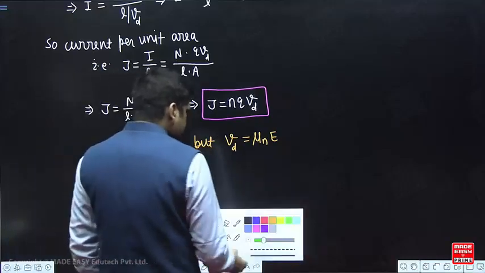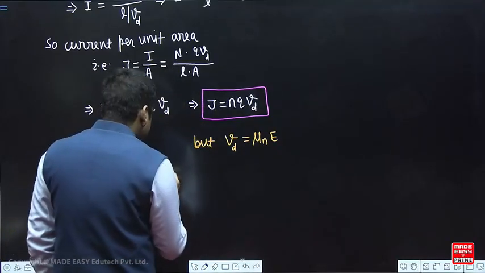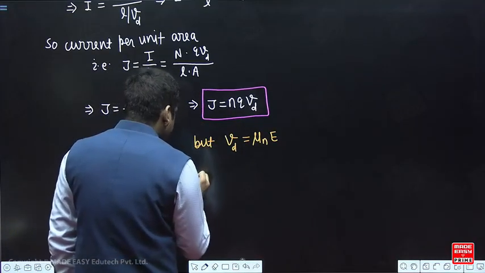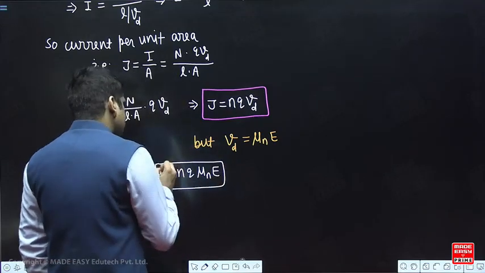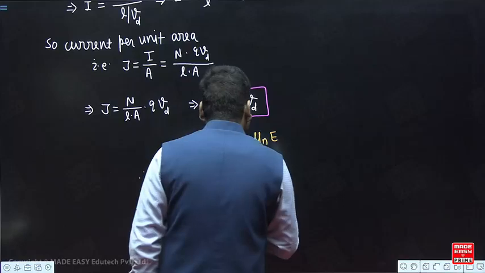So if I put this value, J is equal to nq mu n into E. Let us suppose this is equation number 2.